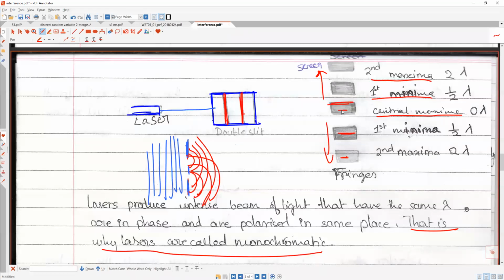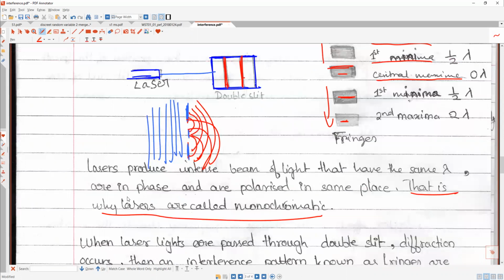The one which we cannot see, the minima between two maxima, is known as dark fringe. Just like the picture I showed you of laser light, each individual box you can see here is known as a fringe. Okay, fine.